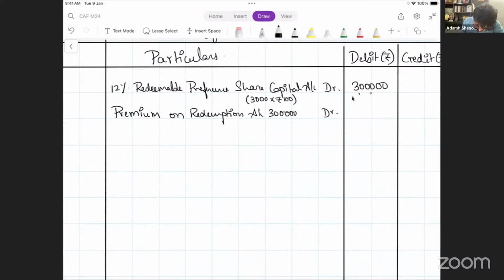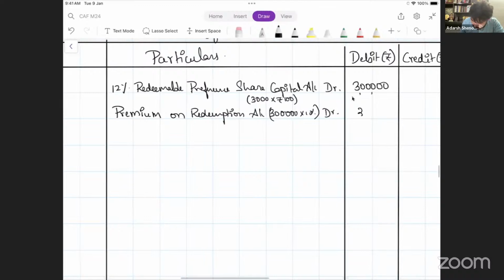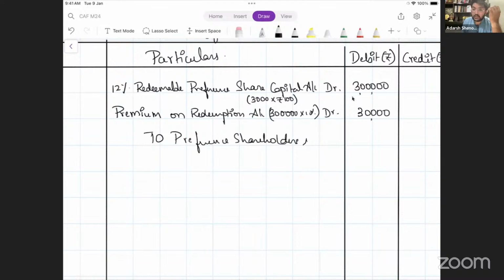So 3 lakh into 10%, 30,000. To preference shareholders account, not debit, credit. Preference shareholders account, 3,30,000.